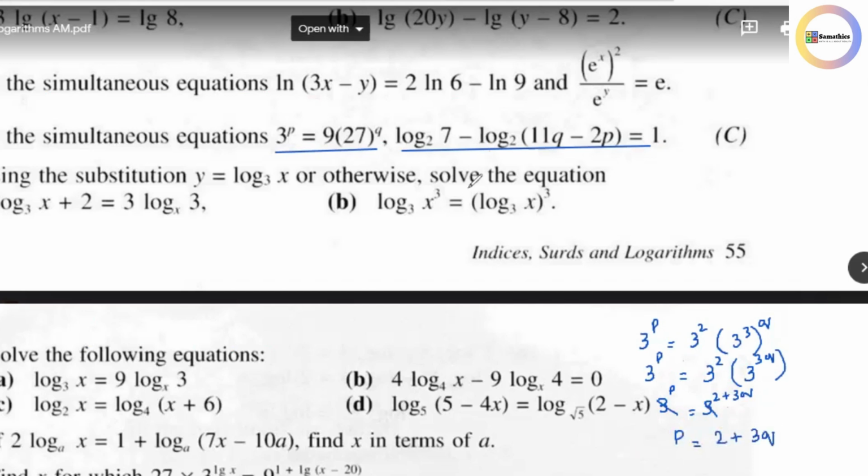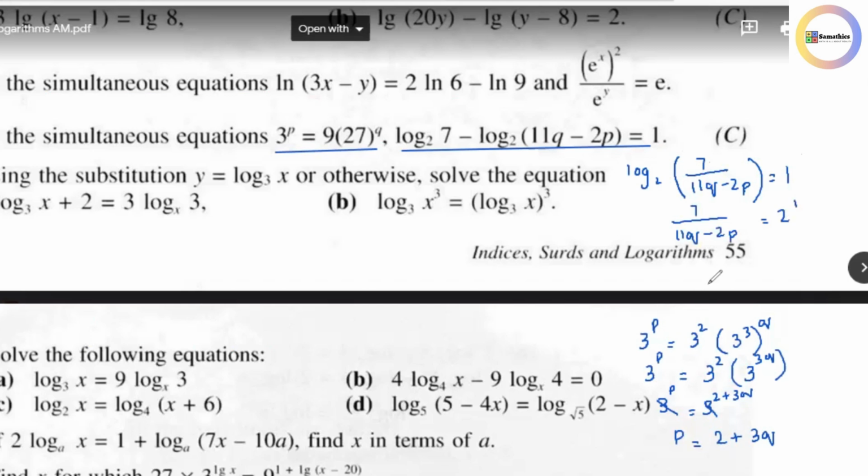Then for the second equation, we have to solve this. I'm solving it over here. We have log base 2 of 7, which will remain as it is, and we have log base 2 of 7 minus log base 2 of (11q minus 2p) is equal to 1. So 7 divided by (11q minus 2p) is equal to 1 in log form, which means 7 upon (11q minus 2p) is equal to 2 power 1.